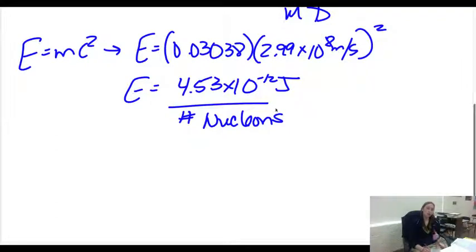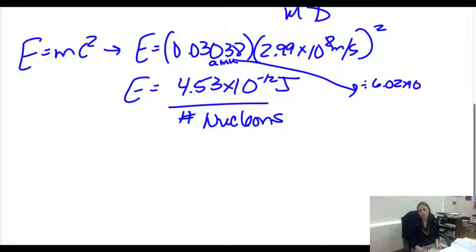You have to be careful with the joule number, and I actually need to put this in there. That's partially my bad right here. This will not give you this number. I have to change this AMU into kilograms, because kilograms are what go along with joules. So I actually have to take that 0.03038 and divide by 6.02 times 10 to the 23rd, because that's how many AMUs are in 1 gram.